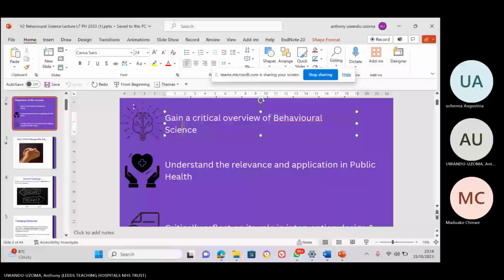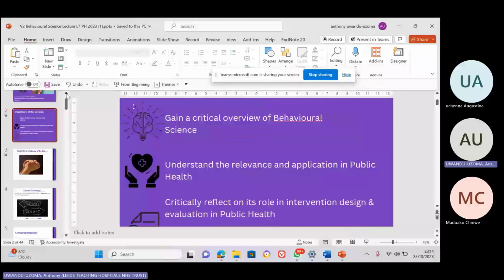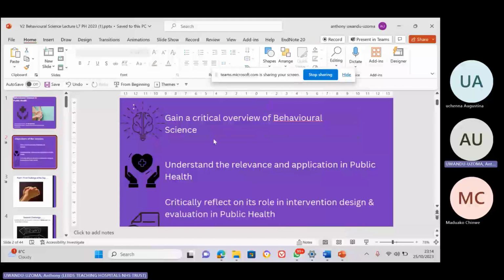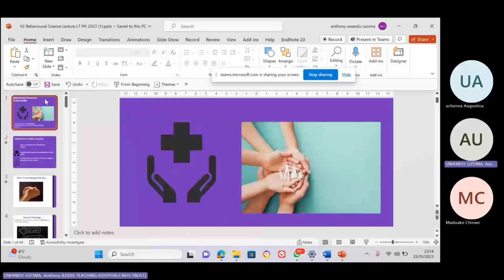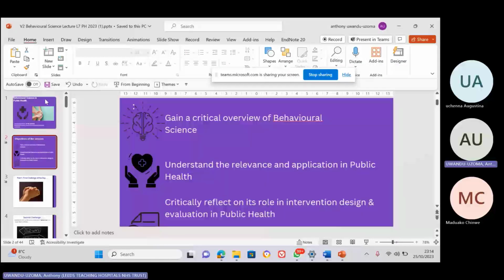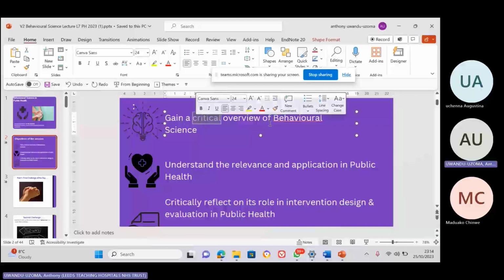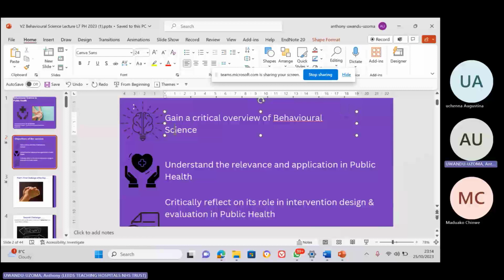Normally, every PowerPoint will have what we call the aim of the lecture. So that aim of the lecture will tell you the things that you must understand. Now they said you should gain a critical overview of behavioral science. So that's the first thing.